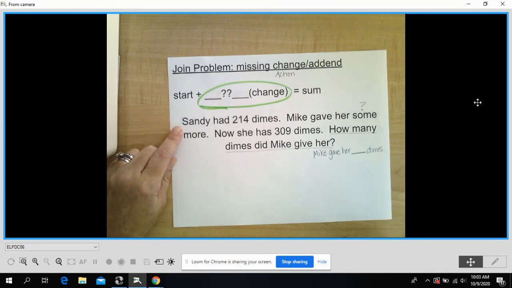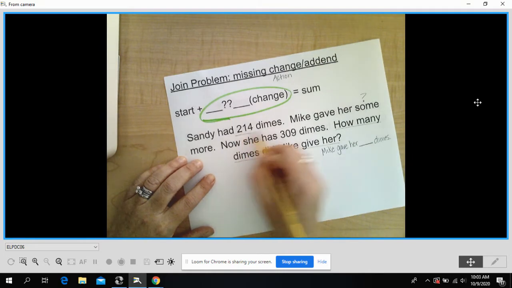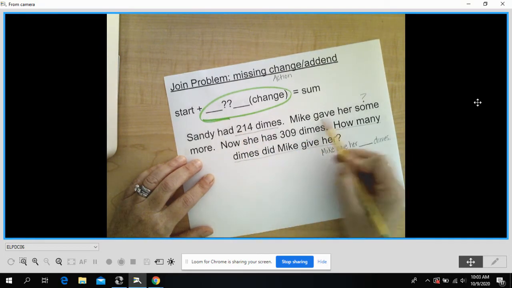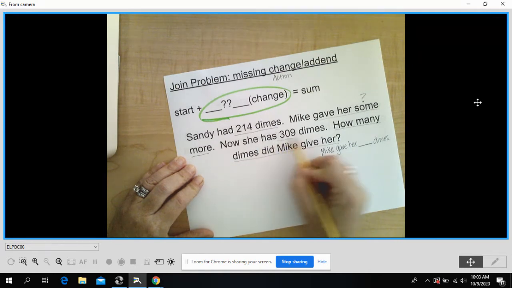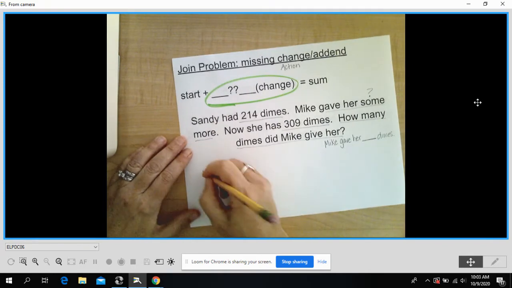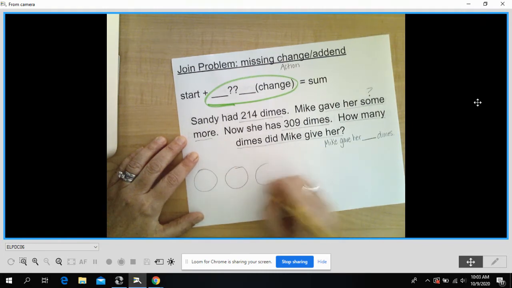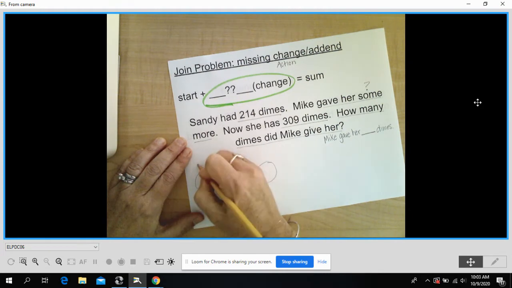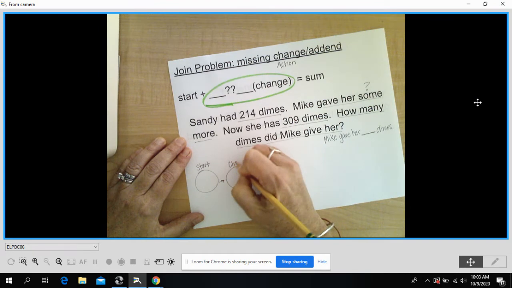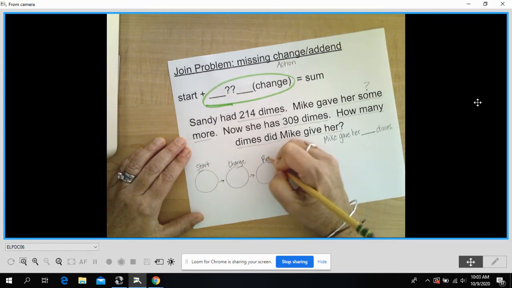So let's head back to our problem and look at what we are told. Sandy had 214 dimes. Mike gave her some more. Now she has 309. So let's look at our diagram. Again, I know my circles are not going to be perfect, but I have three parts that I'm looking for: the start, the change or the action, what's changing in my problem, and my result.